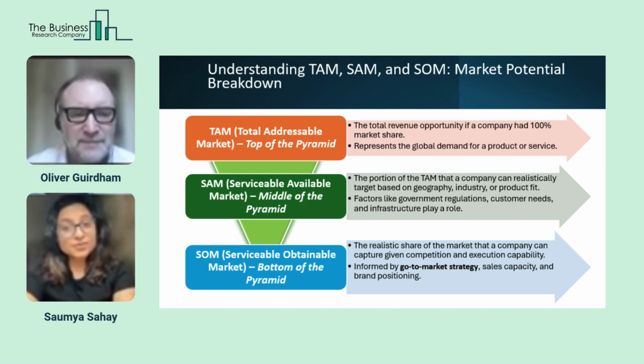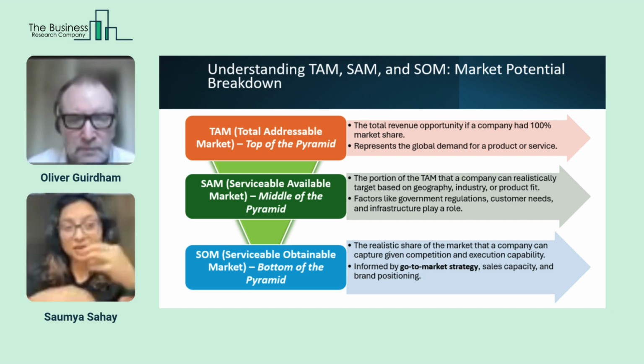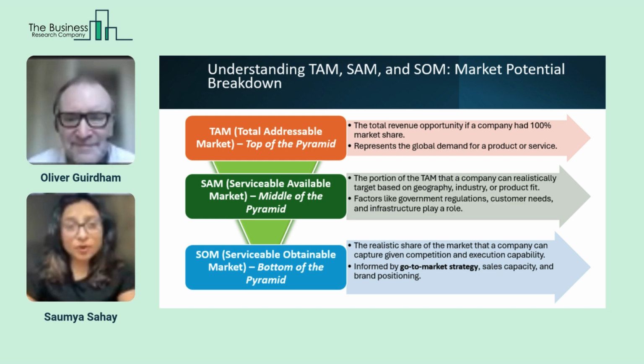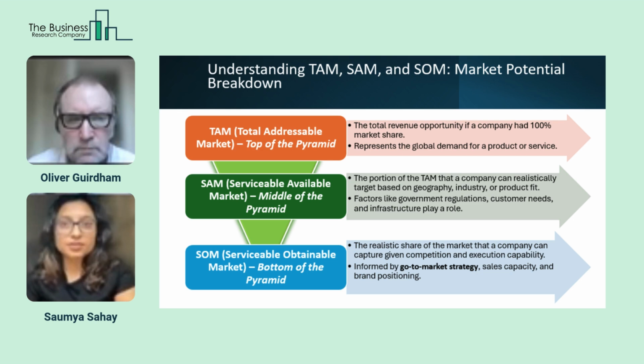All right, that was a very useful example, Oliver. I have a different example of my own, which revolves around our favorite, Netflix. If we consider the TAM for Netflix or any other OTT platform, it is the entire global streaming population. But the SAM for Netflix would be only the geographies where Netflix is able to penetrate, because of the regulations, the operations, the pricing strategy or other factors.